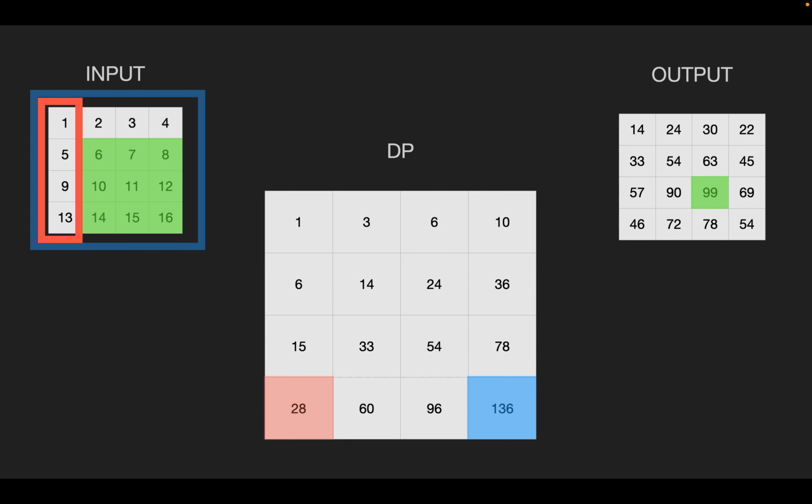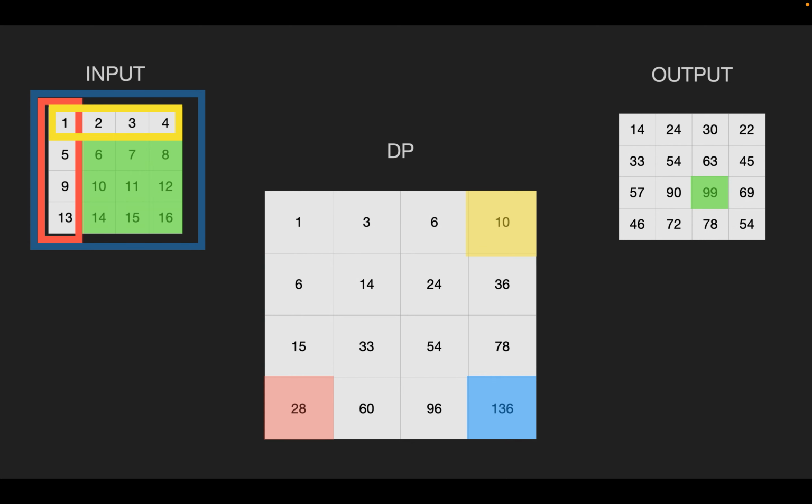So we're making progress, right? We started with 136, we subtract 28, and we're closer to the solution for the green box. But we're still overcounting by 2, 3, and 4. So let's get rid of it.